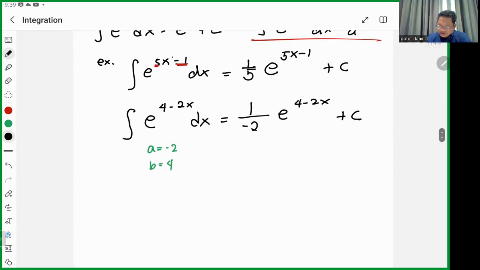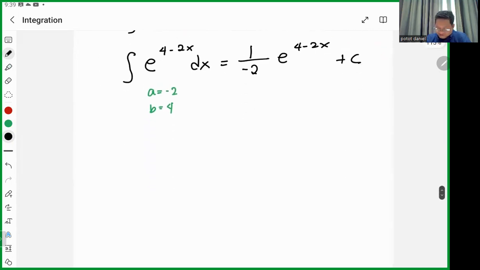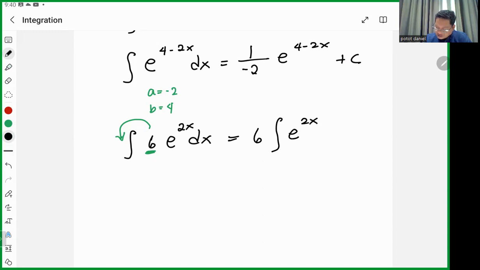Let's try an example where there is a number in front. Let's say we have 6 e to the 2x with respect to x. What you're going to do is put this 6 in front. Let's do it step by step. This will be 6 times the integral of e to the 2x dx.